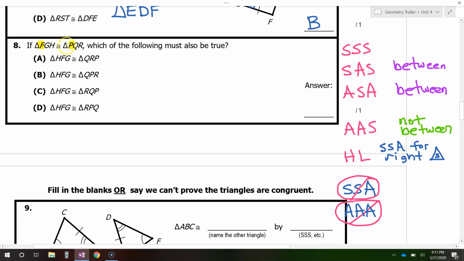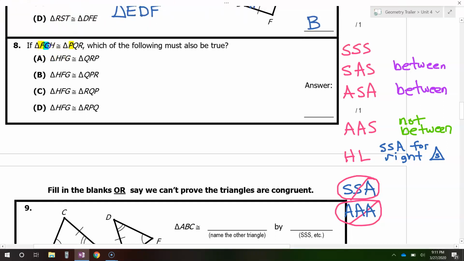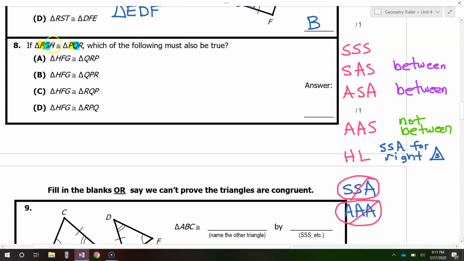So that means F always corresponds with P. Now, G is second, Q is second. So G corresponds with Q. H corresponds with R.